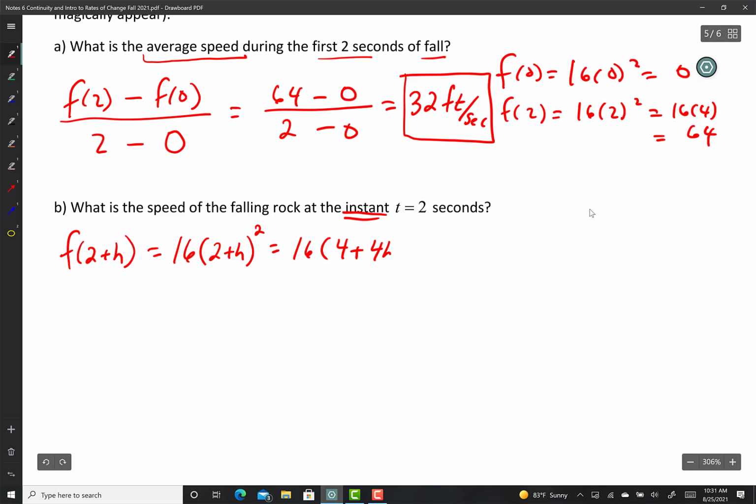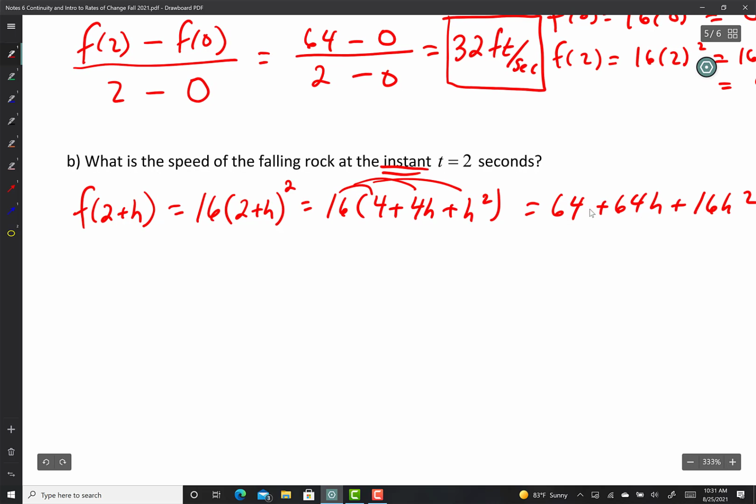You're going to have 4 of those, or when you add them, it's going to be 4h. And then h times h is h squared. And then distribute. So 16 times 4 is 64, plus 64h, plus 16h squared. And I still need f of 2. And we said that was 16 times 2 squared, which was just 64, correct?